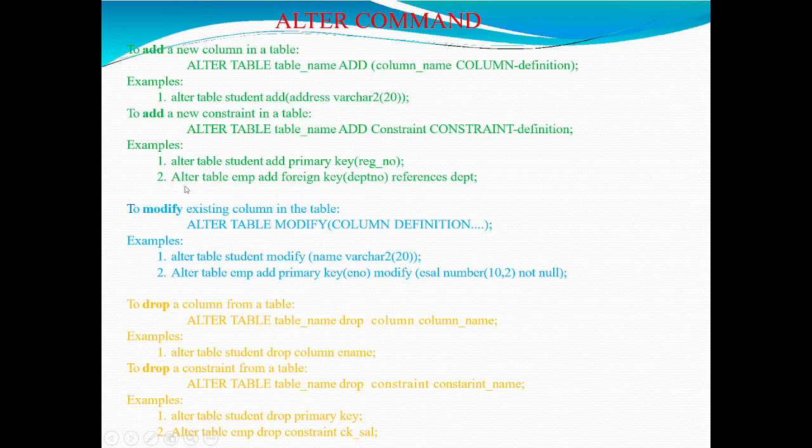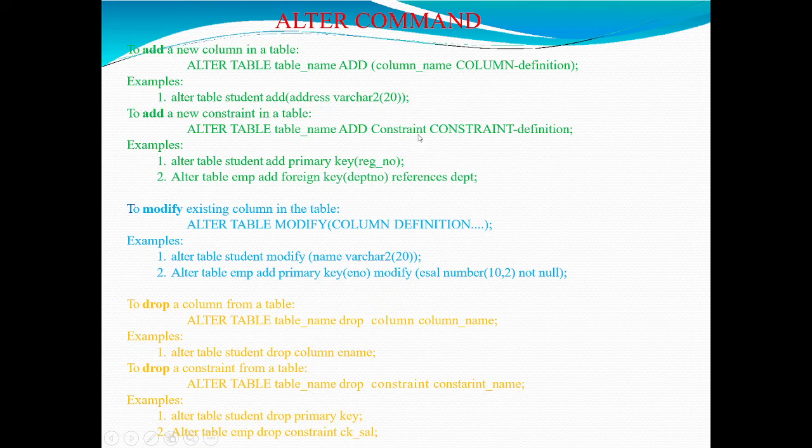So now see here again, second example, alter table and the table name is EMP. I have added a foreign key and made this department number a foreign key, where this foreign key references another table called DEPT, that is the department table. So hope you're getting what I'm saying, right?